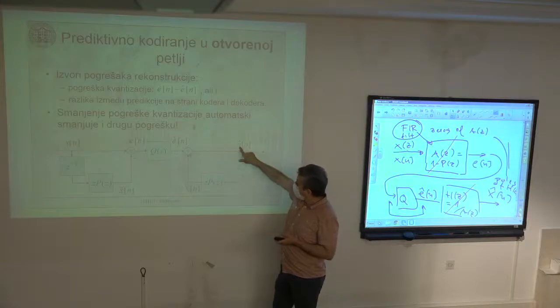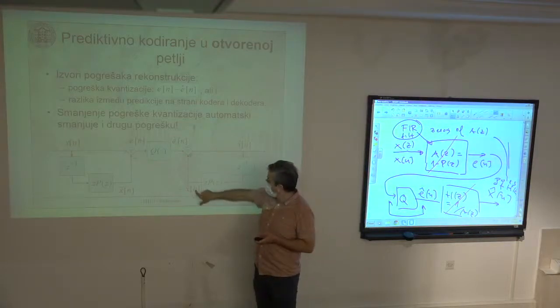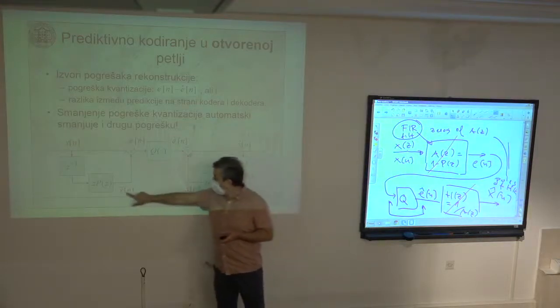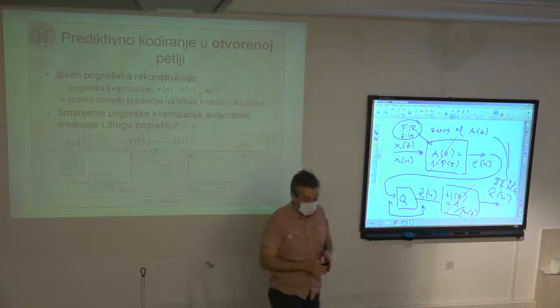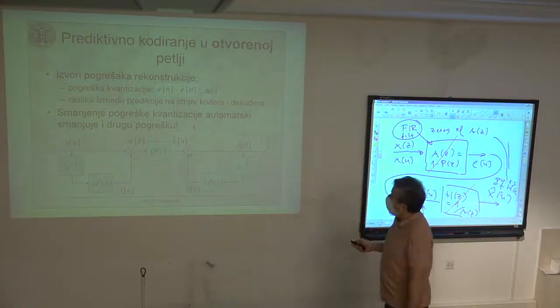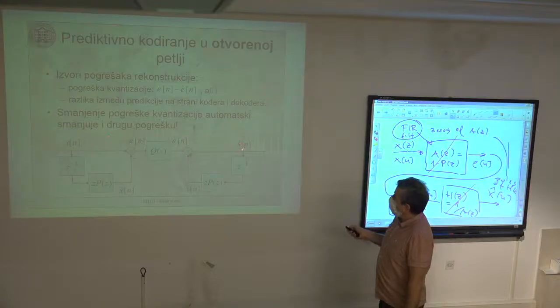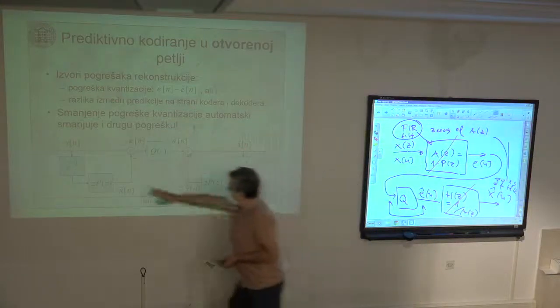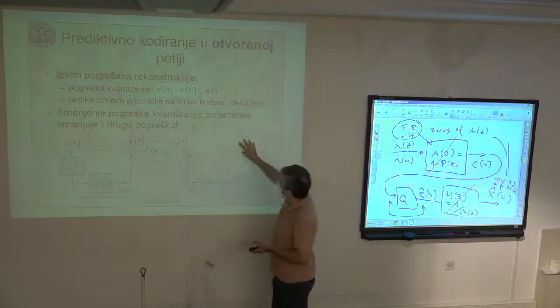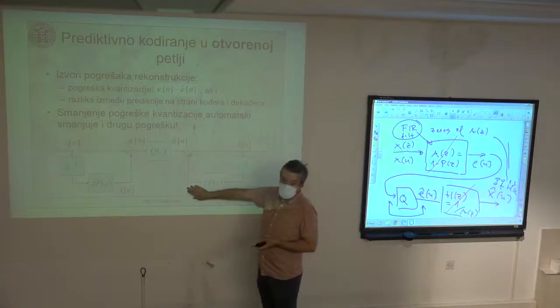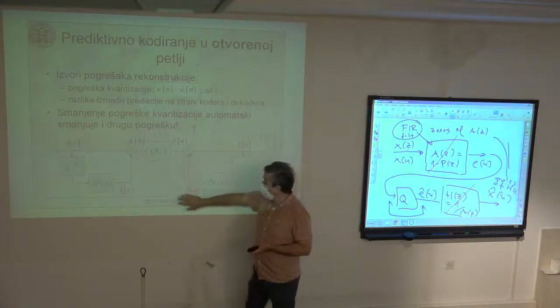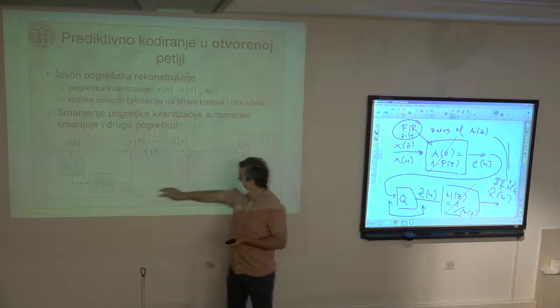And for that reason, this prediction here is not equal to the prediction on the transmitting side. Why? Because the x hat is only the approximation of x. It is close, but not equal. For that reason, if I use the same predictor, but on different source, I have different result. So this prediction is close to the original prediction, but not equal.